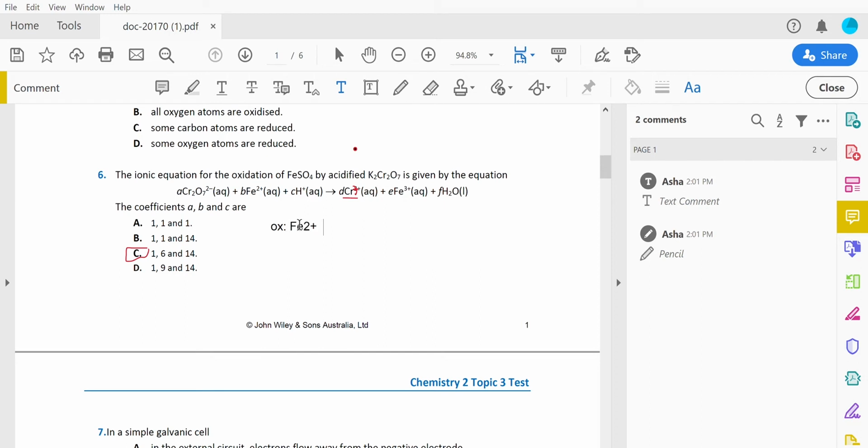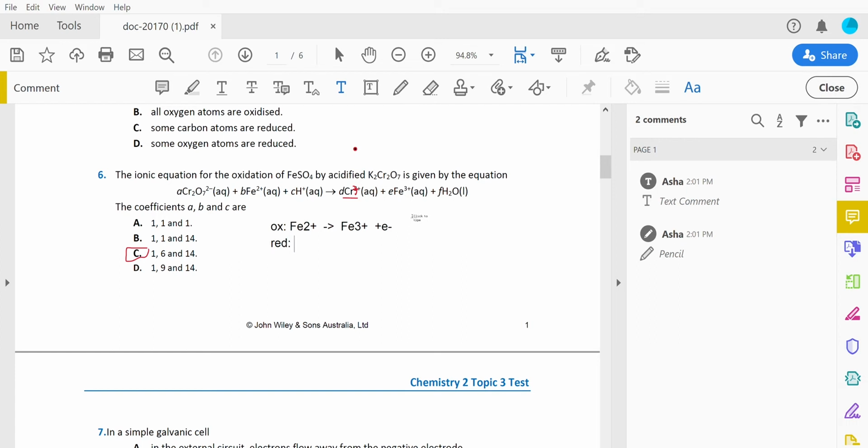It's oxidation, so oxidation is loss, so we're going to have electrons on the product side. We're going from iron 2+ to iron 3+. So only species there that are relevant, plus 1 electron, because it's 2+ to 3+, we've lost 1 negative electron. Cool, that's our oxidation reaction.